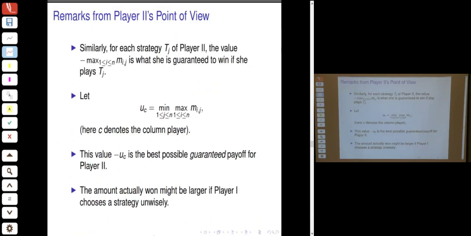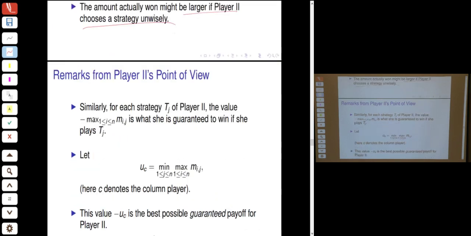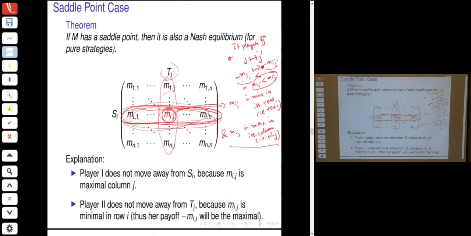So now, this was the analysis of the game from player 1's point of view. Let us analyze the game from player 2's point of view. Suppose player 2 employs strategy Tj. What are the payoffs for player 2? Remember that the numbers appearing in this column, which is of course the relevant one if player 2 employs strategy j, are payoffs for player 1.